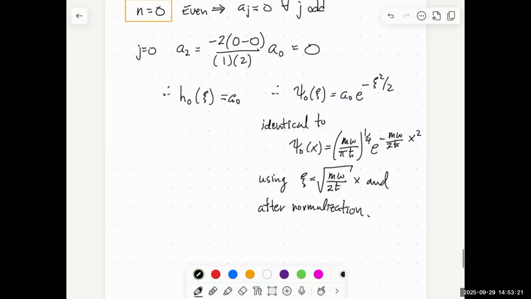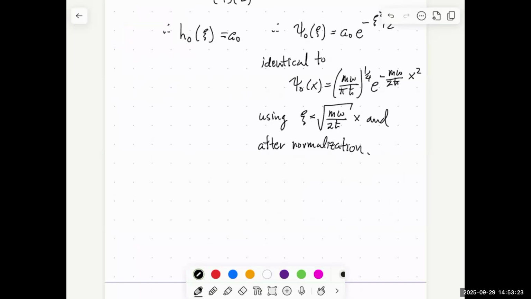So that's good. Let's do n equals 1. We're going to do a few of these, and we're going to see what emerges. So we're going to try n equals 1. Okay, so this is an odd value. So we would right away say aj is 0 for all j even, and we're only looking for odd power solutions. So we'd say, okay, a1 is just another integration constant.